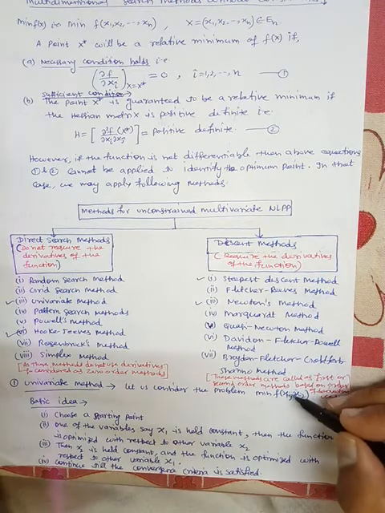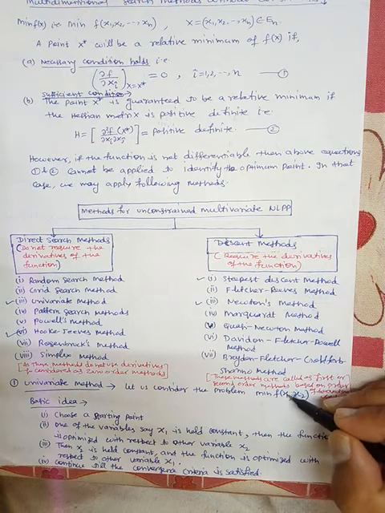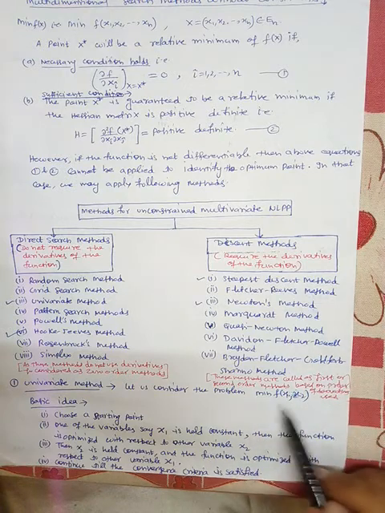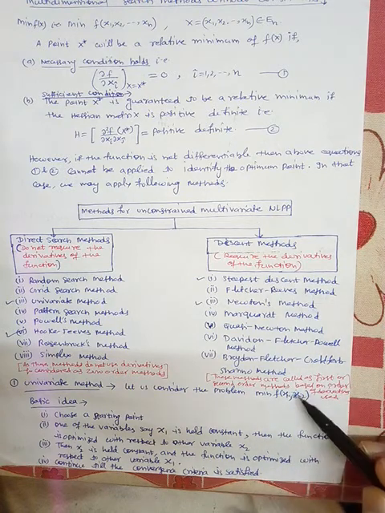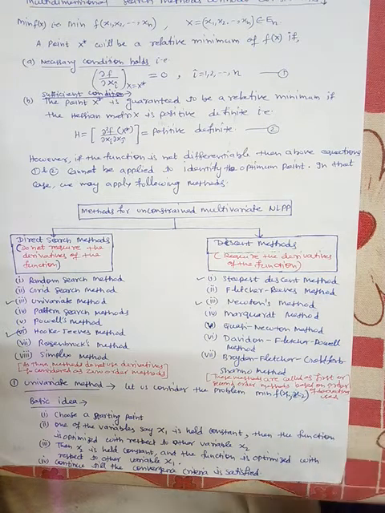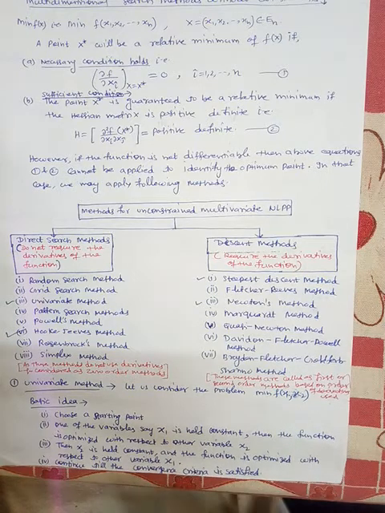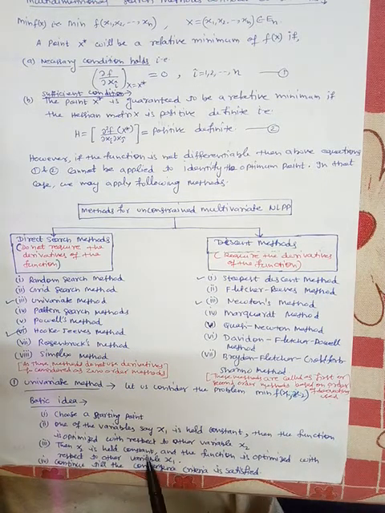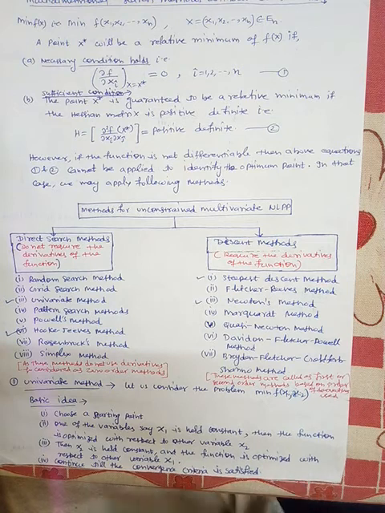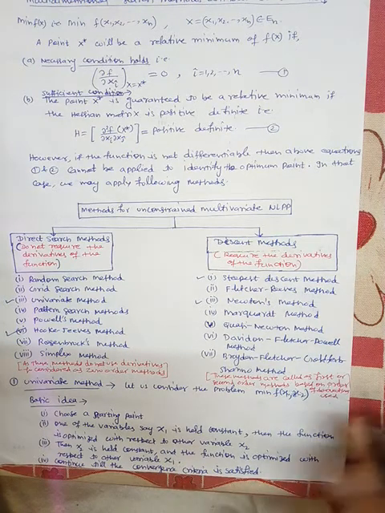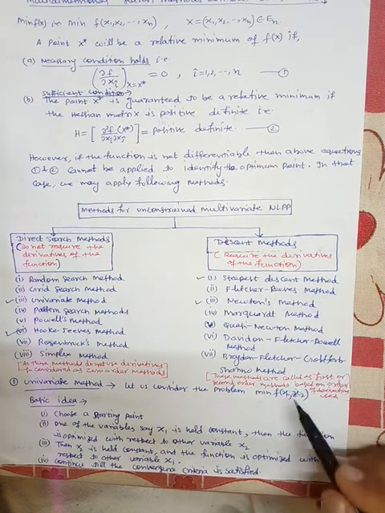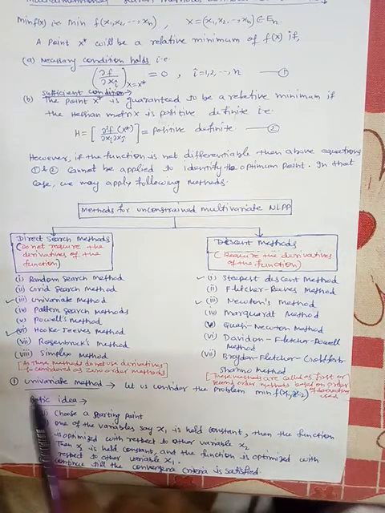For example, x1 is held constant, so we have ultimately a single variable problem where the variable is x2 only, and then the problem is optimized. Then x2 is held constant and the function is optimized with respect to the other variable x1. Second time we will fix x2 and then the problem is optimized with respect to x1. That's why this is univariate.